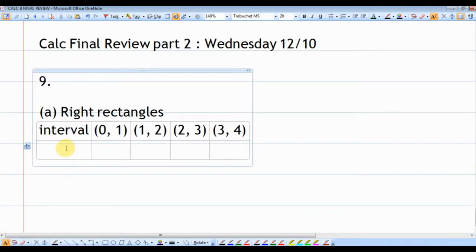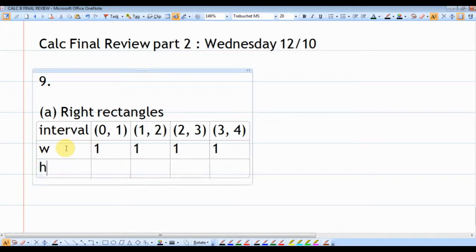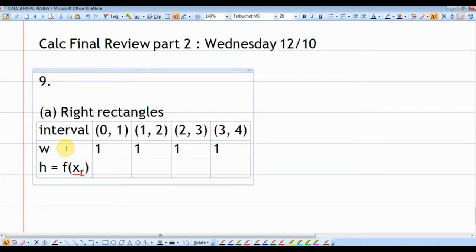The width is going to be all 1s, and the height is going to be f of xr, the x-coordinate on the right. So what's on the right of 0 and 1? 1. What's the height at 1? 4. And then 8, and then 5, and then 3.